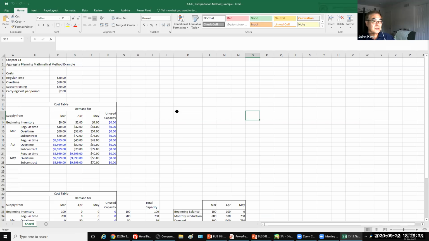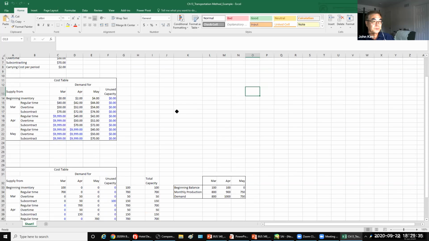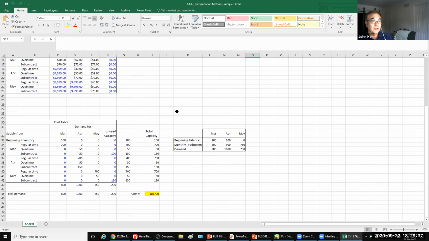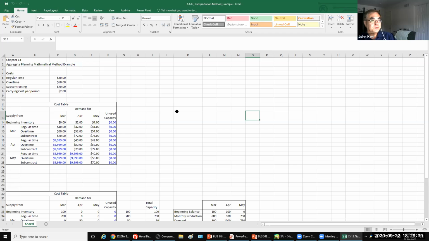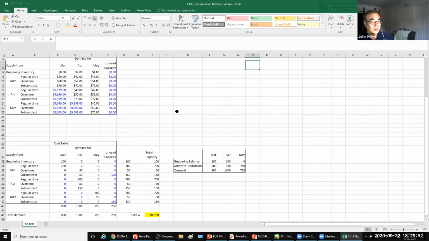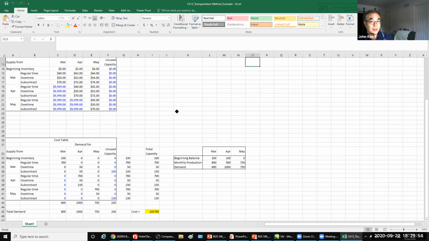Looks like this. I will go over this transportation method of linear programming on Thursday. Then I will make one assignment like last time.